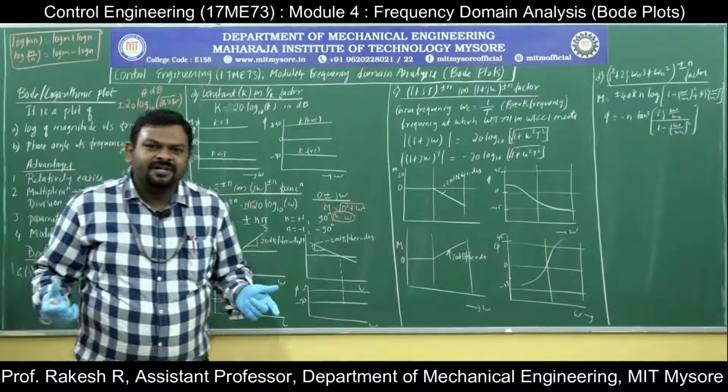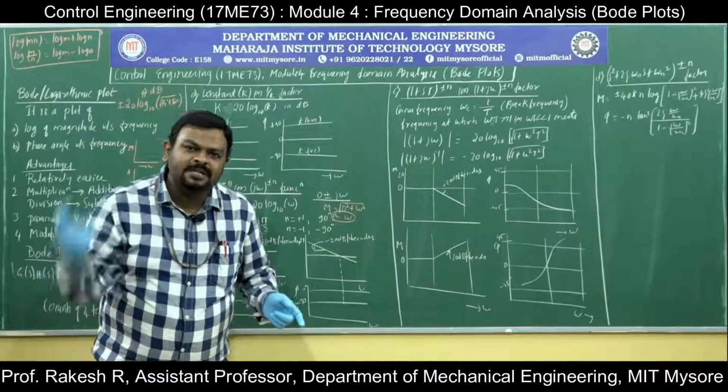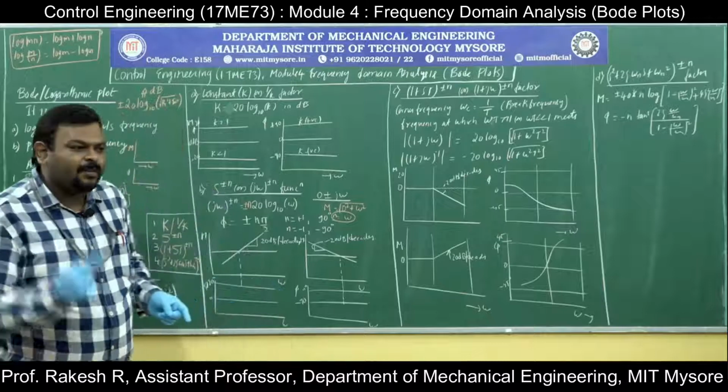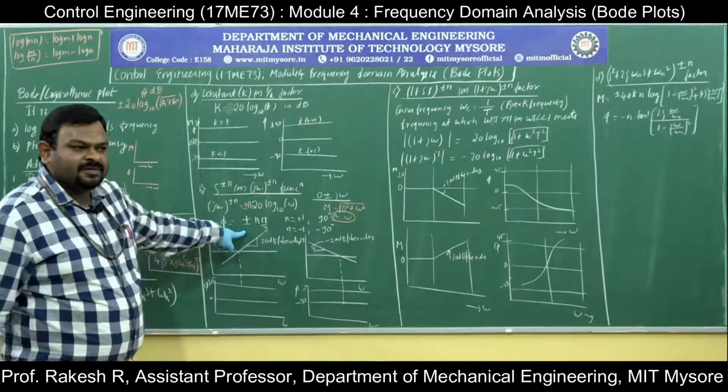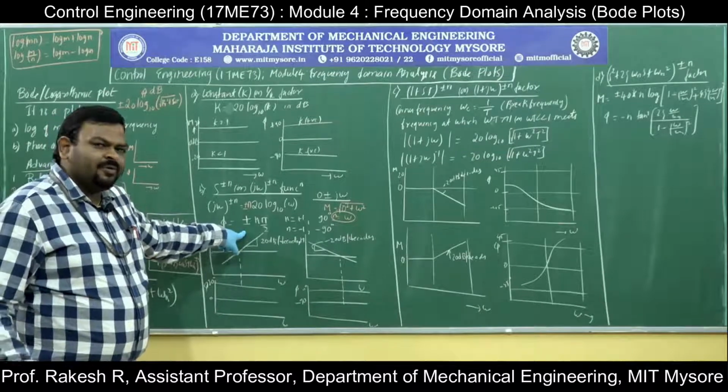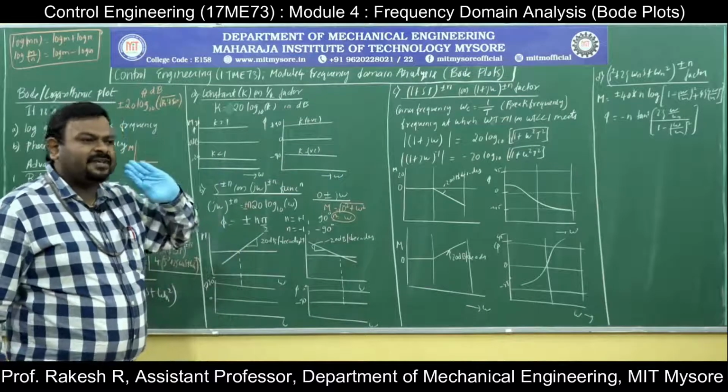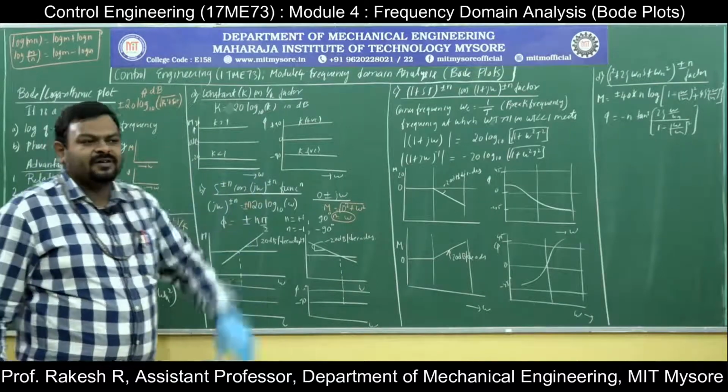For poles at origin, you will get the value of n as negative. If you have one pole at origin, it is minus 1 into 20 log 10, minus 2 into 20 log 10, minus 3 into 20 log 10.